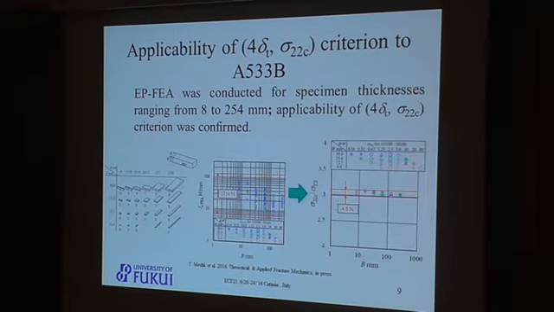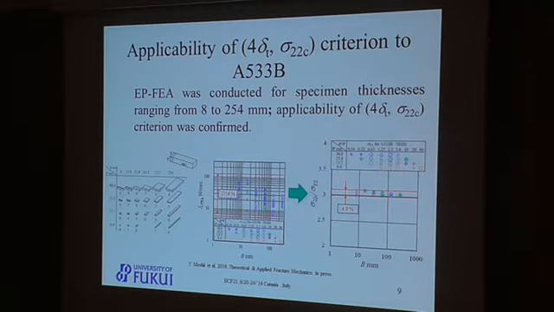through the examination of the applicability of the 4 times CTOD sigma 2 to C criterion to the decommissioned reactor pressure vessel steel database, a JC database with specimen thicknesses ranging from 8 to 254 millimeter.